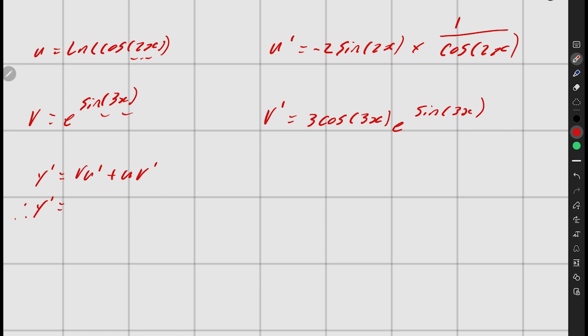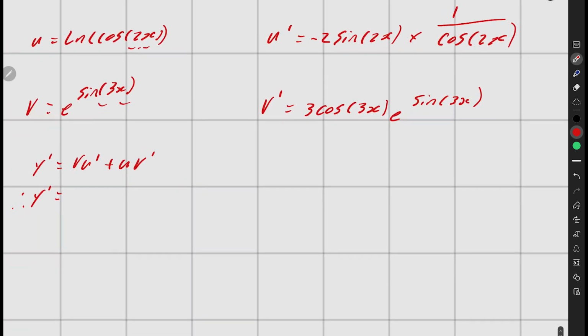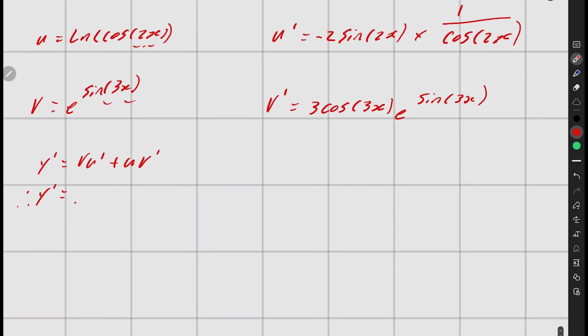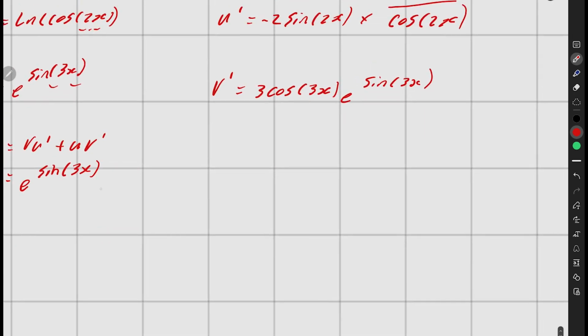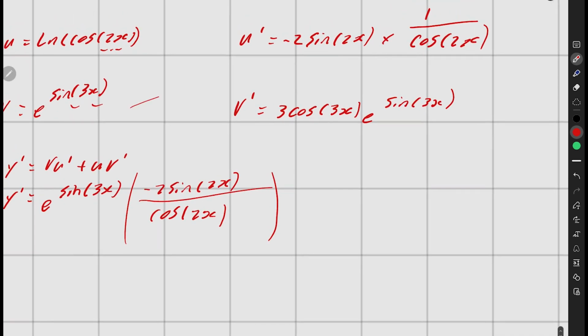Okay, so let's calculate this. We're going to have e to the sine 3x multiplied by -2 sine 2x over cosine of 2x. This can look a little messy at the moment, but what's important is we need to get numerically the correct answer and then simplify at the end where possible.